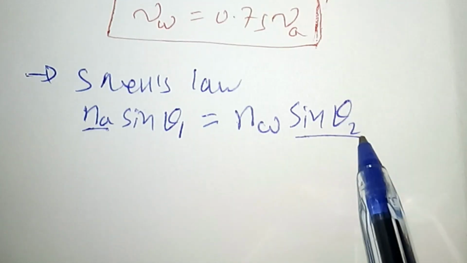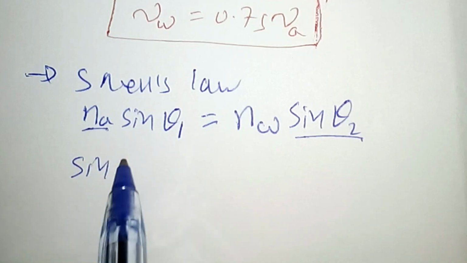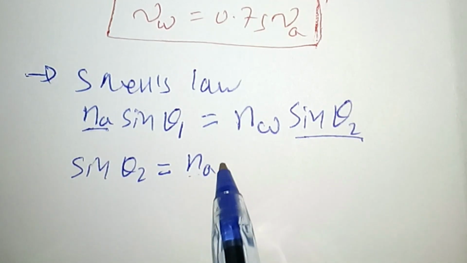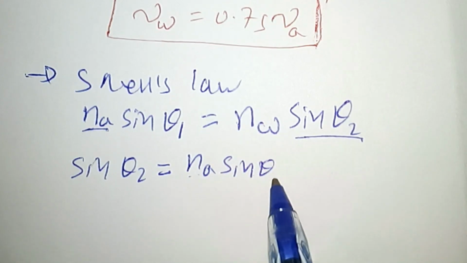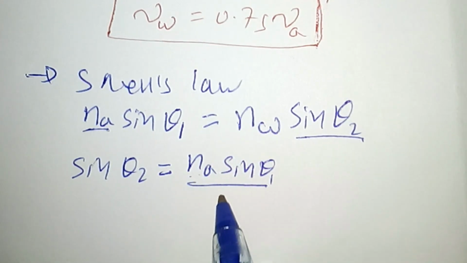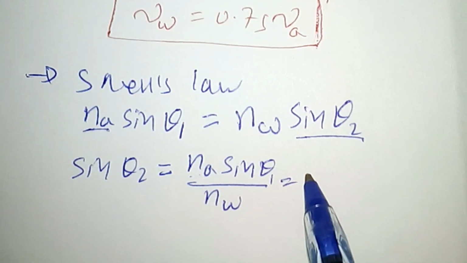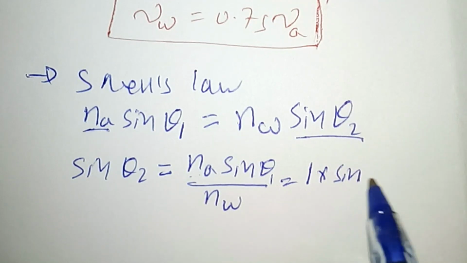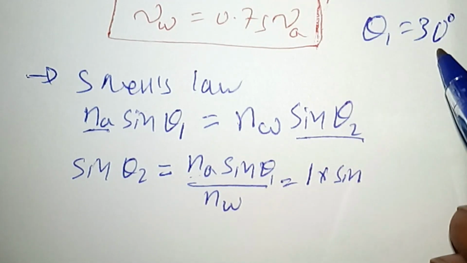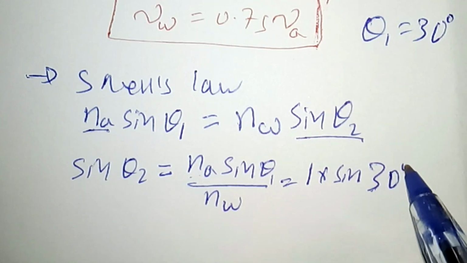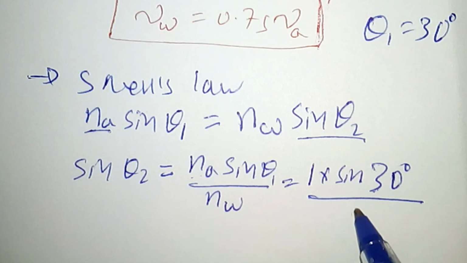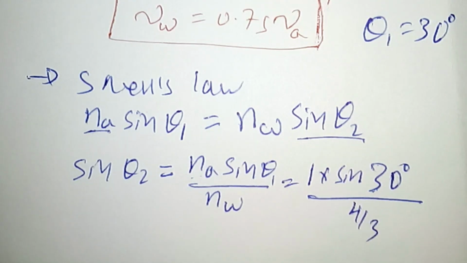So the sine of theta 2 becomes the refractive index of air times the sine of the angle of incidence divided by the refractive index of water. This is equal to 1 times the sine of theta 1, which is given as 30 degrees, divided by the refractive index of the water, which is 4/3.